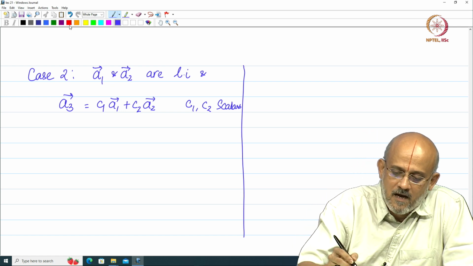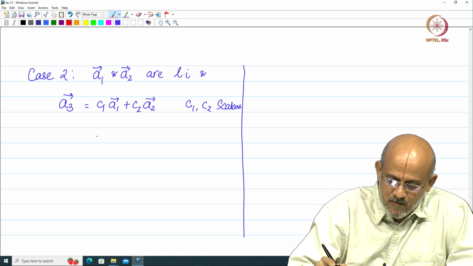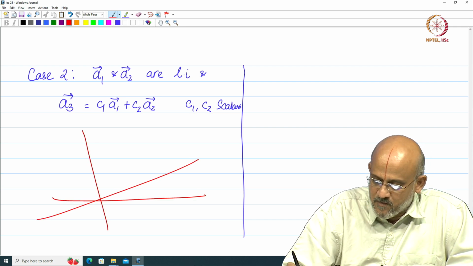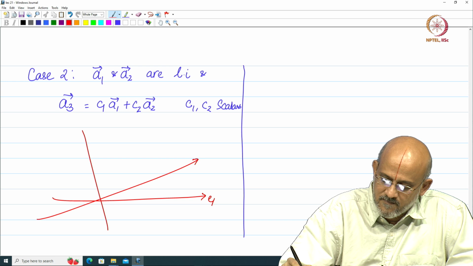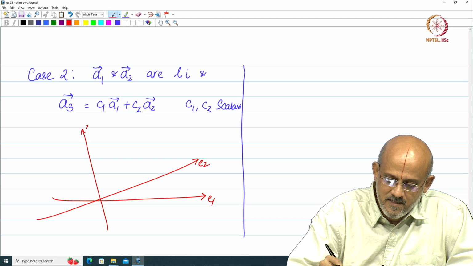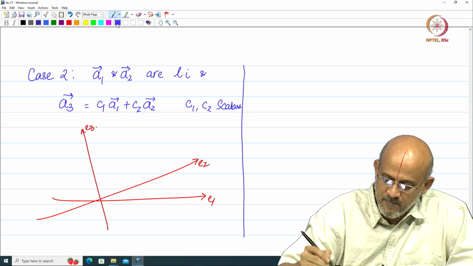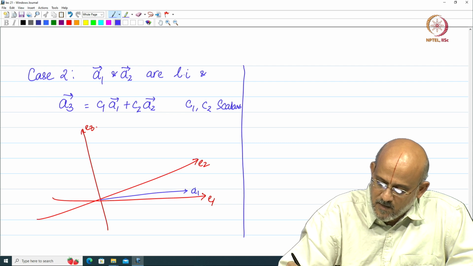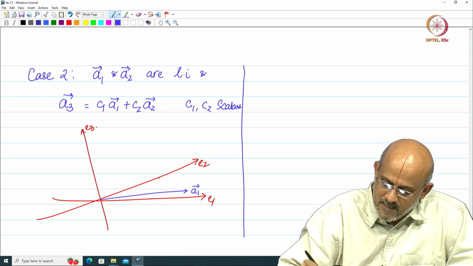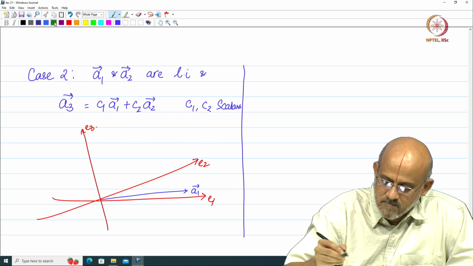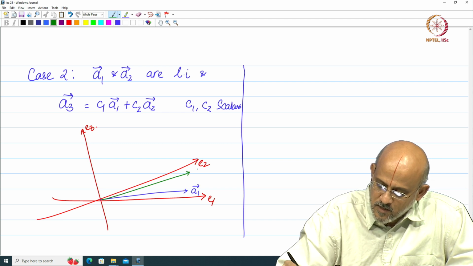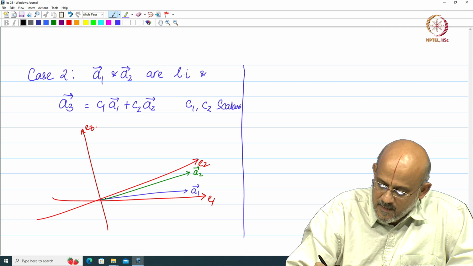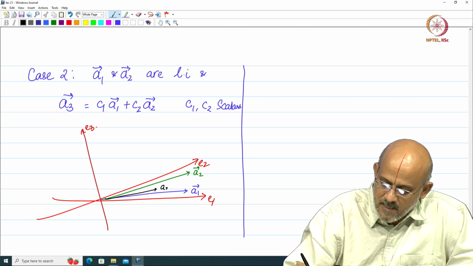So, let us look at how it looks geometrically. Let me take my 3 axes as usual. We have the E1 axis, the E2 axis, and the E3 axis. Now, what are we going to do? Let us say this is my A1 vector, this is going to be my A2 vector, and this is going to be my A3 vector.